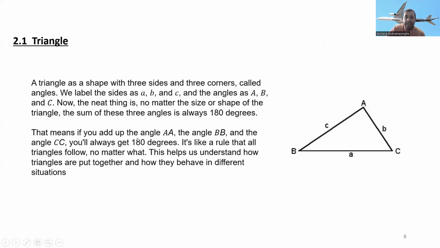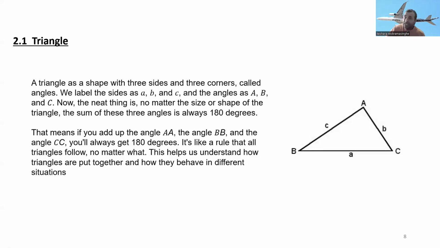Remember, if you add up angle A, angle B and angle C, you always get 180 degrees. It's like a rule that all triangles follow.